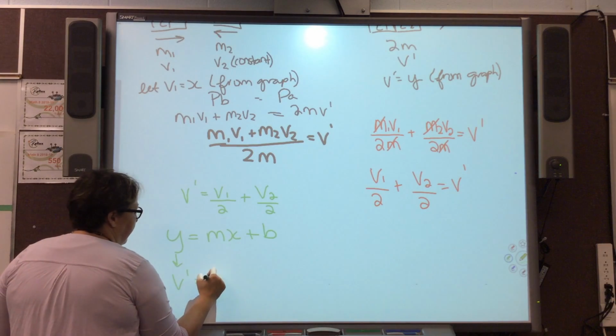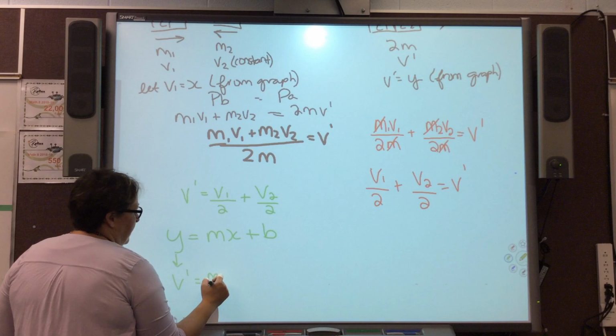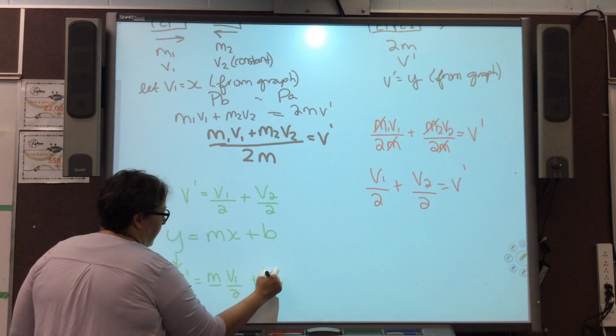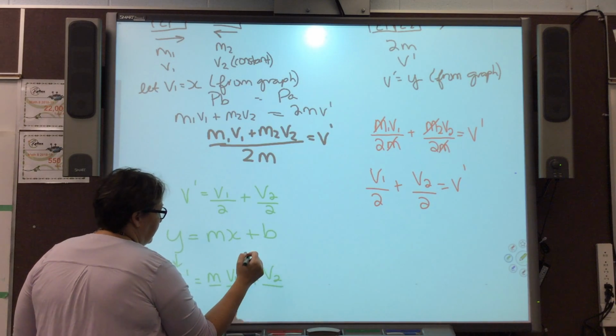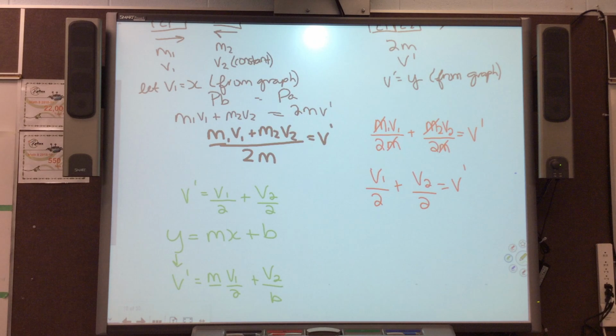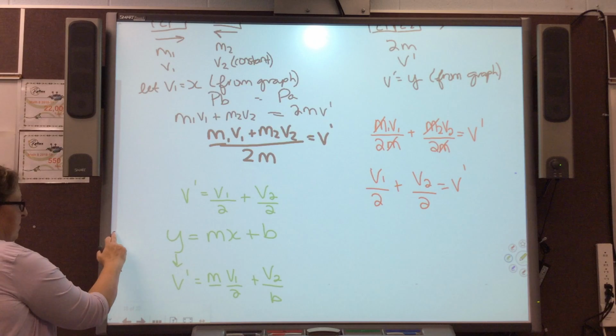So you would have m being the slope. Ooh, drew a blank there.